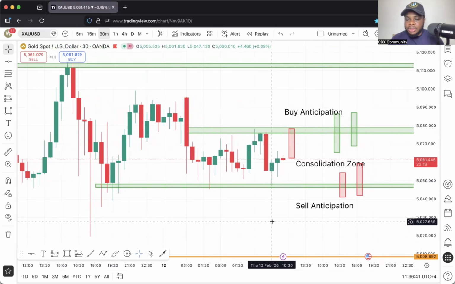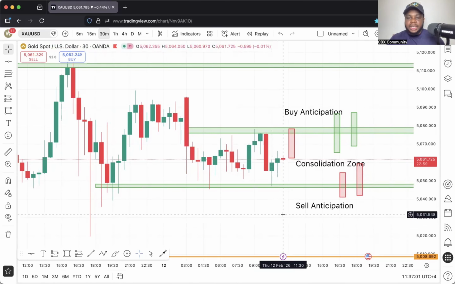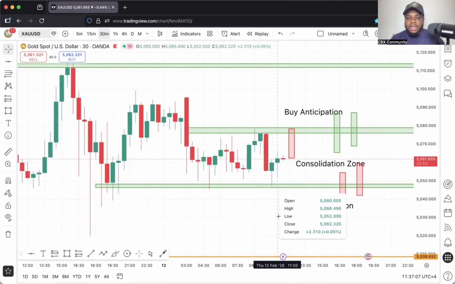You need to open that position and then you need to anticipate for the candle to continue to get to your take profit. So I'm going to be looking at the chart just in case I'll be able to identify a structure. Then I can decide to take a position. Then I'm anticipating the candle to continue to go to my take profit. So always know what you want and how you want it before you decide to take a position.